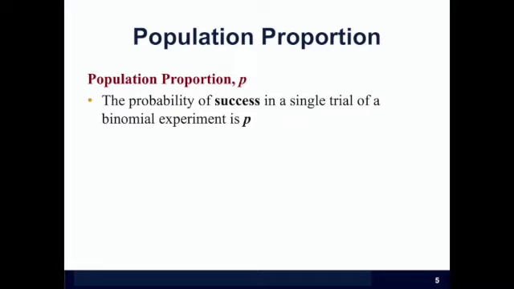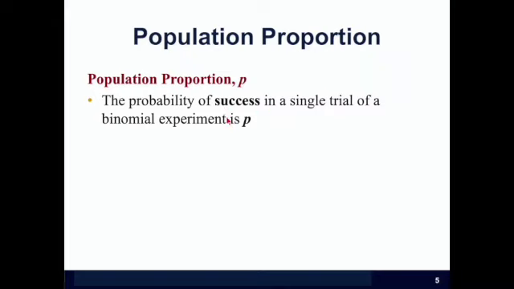You collect a sample and then you ask which of those students live on campus. Let's say you have 50 students and 5 live on campus. Your point estimate for the proportion of students that live on campus will be 10%. What is the population proportion, which we denote by the letter P? It is the probability of success in a single trial of a binomial experiment.